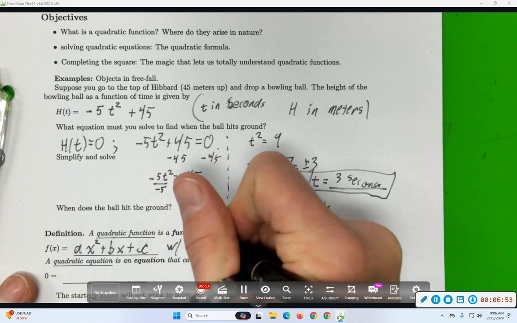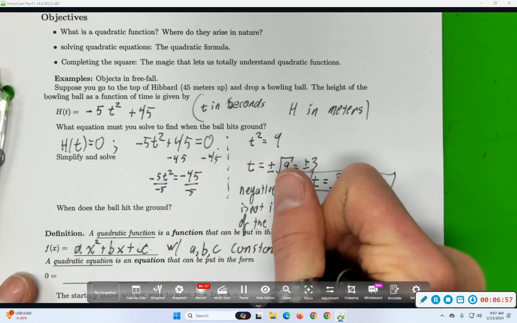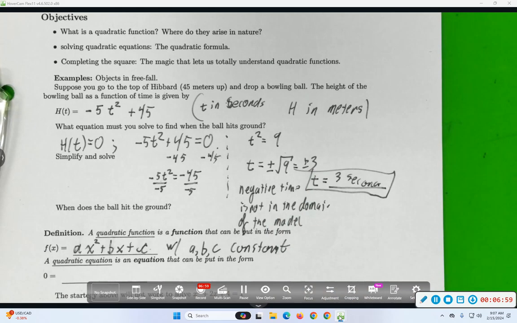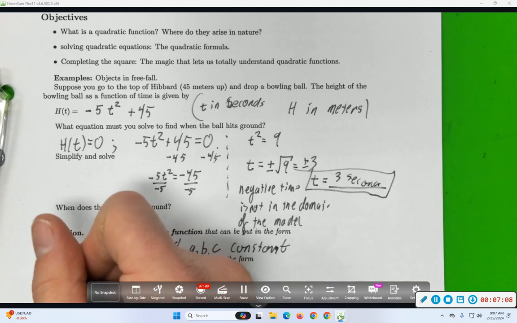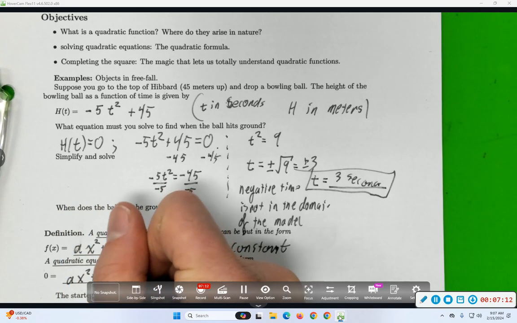So it's like linear functions, but there's also a square term. That's all. A quadratic equation is any equation that can be put into the form 0 equals ax squared plus bx plus c.